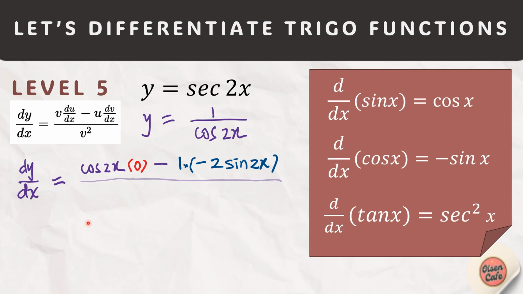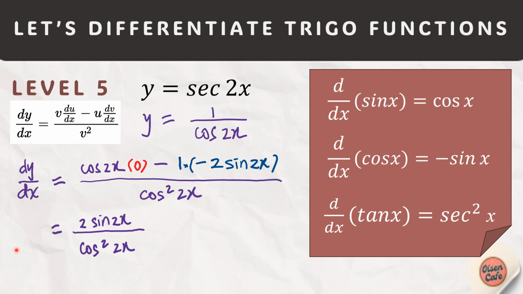Then I'll just simply continue with the denominator. So this will give us cosine square 2x. Now what I'm going to do is simplify this expression. So this will give us 2 sine 2x over cosine square 2x. Now, you can always just leave the answer like this, but then you will notice that this isn't the expression that we will get to see very often.